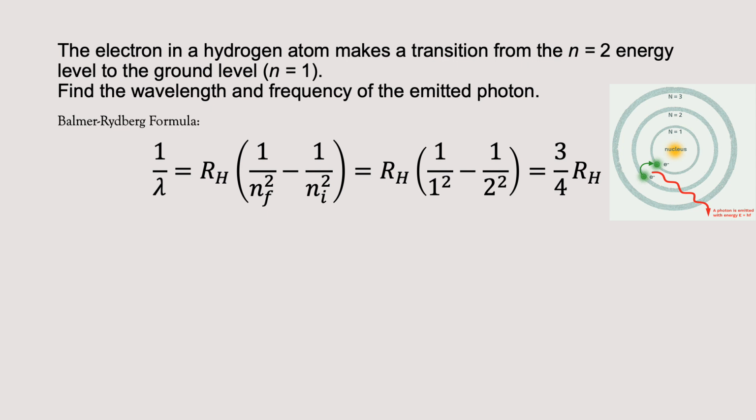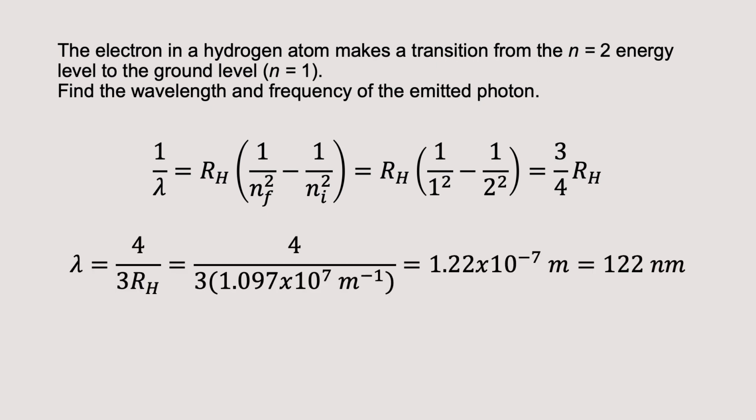So we plug in: R_H times 1 over 1 squared minus 1 over 2 squared, so we get 3/4 R_H. Now we cross multiply the first equation to obtain the wavelength. We now have 4/3 over R_H.